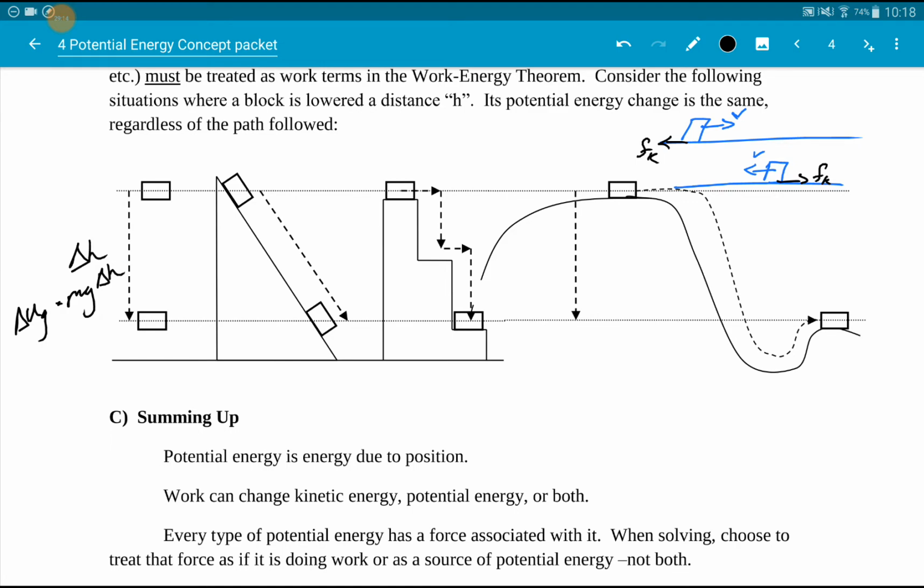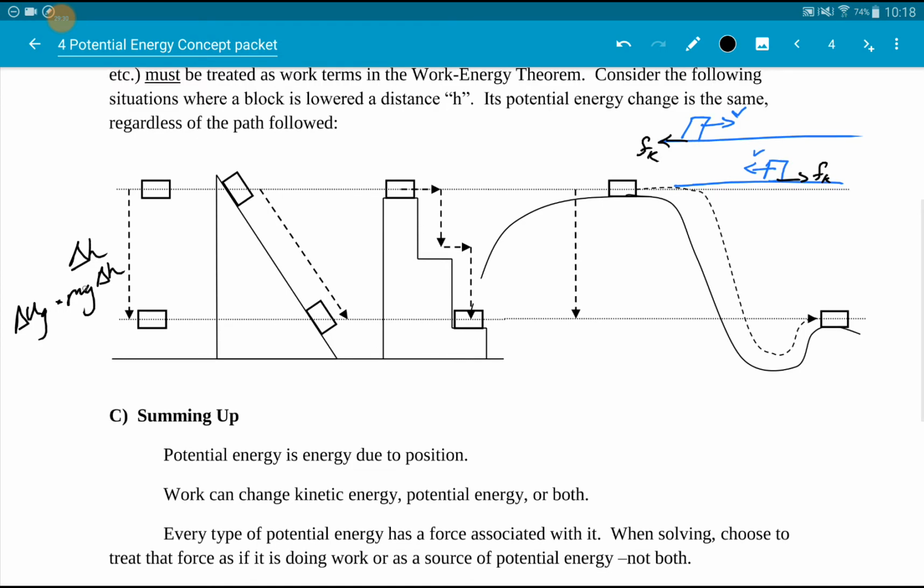The mass of these boxes isn't changing. And the gravitational field strength, well, let's assume it's close to the Earth, so we're not going from outer space, we're just going up a couple stairs, down a couple stairs. So the gravitational field strength should be constant. So the only thing that's changing the gravitational potential energy is just the height change.